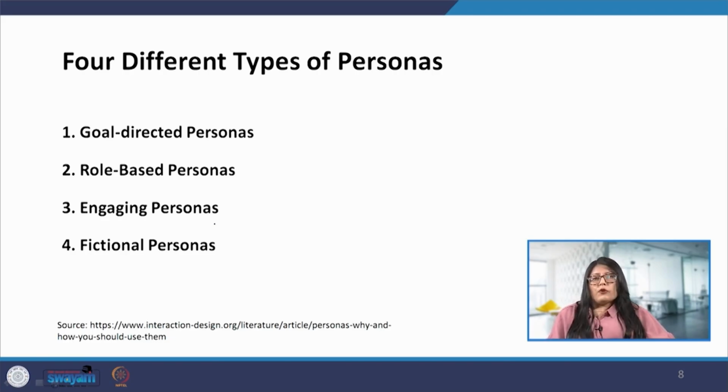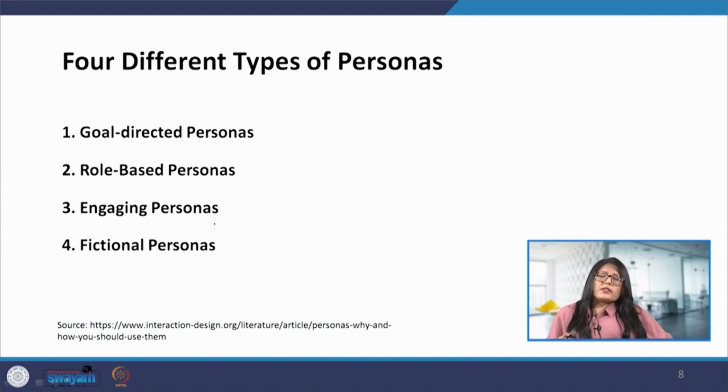The second type of persona is the role based persona, and this is also goal directed. So, at the same time also focuses on the behavior. So, these personas which are role based perspectives, so they are massively data driven and they incorporate data which is gathered from both qualitative and quantitative sources.